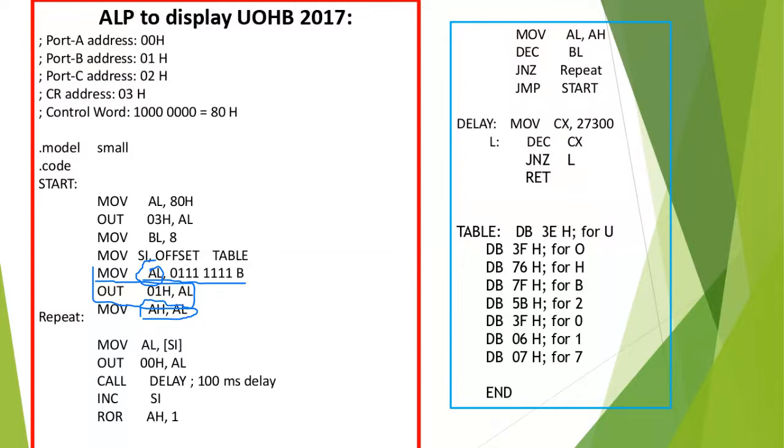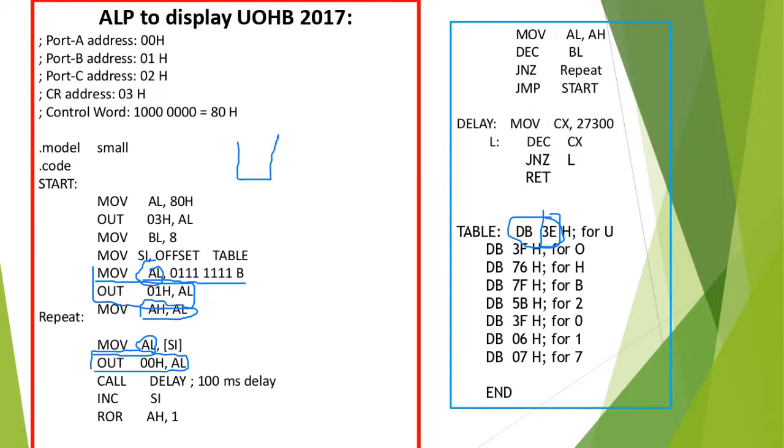Now look here, we are using AL again to get the ABCDEFG segment data for U. We keep it in AL, and then OUT port A, AL. So now the U is displayed on the first one.